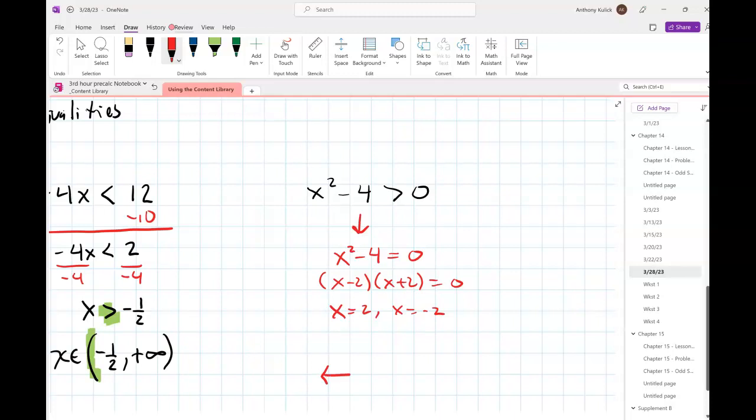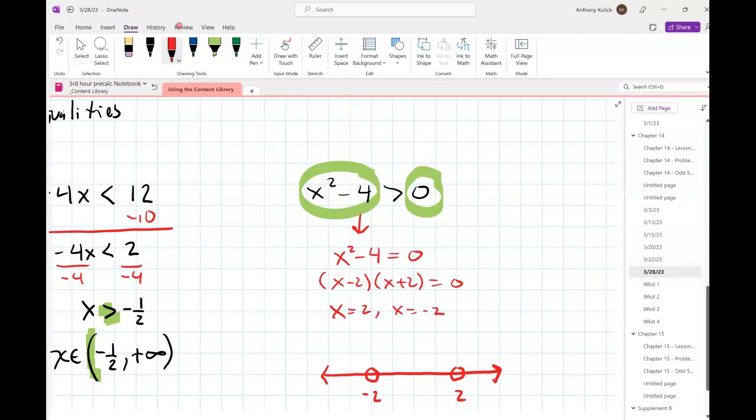So now that I have that, if I'm interested in when x squared minus 4 is greater than 0, I know at -2 and +2, it's strictly equal to 0. Those aren't solutions, so I'm going to draw those with open circles there.